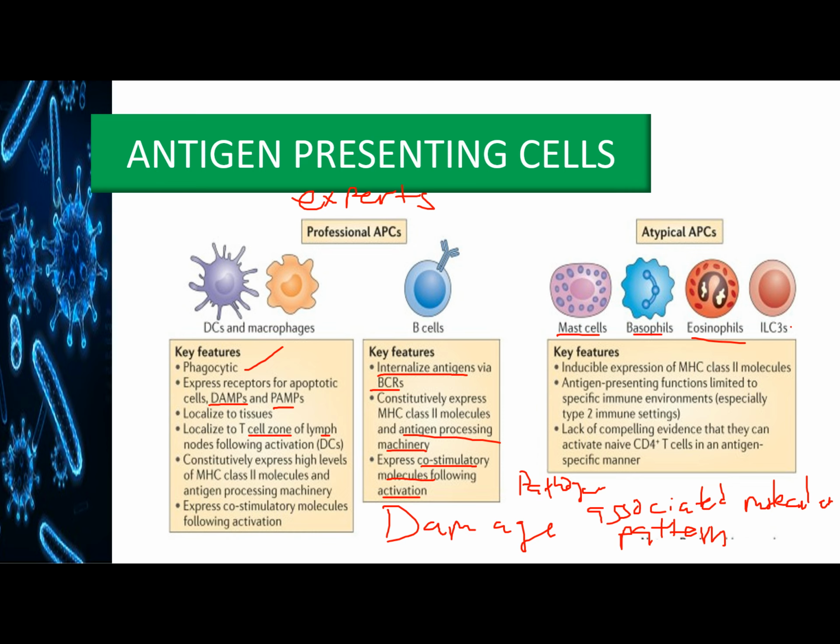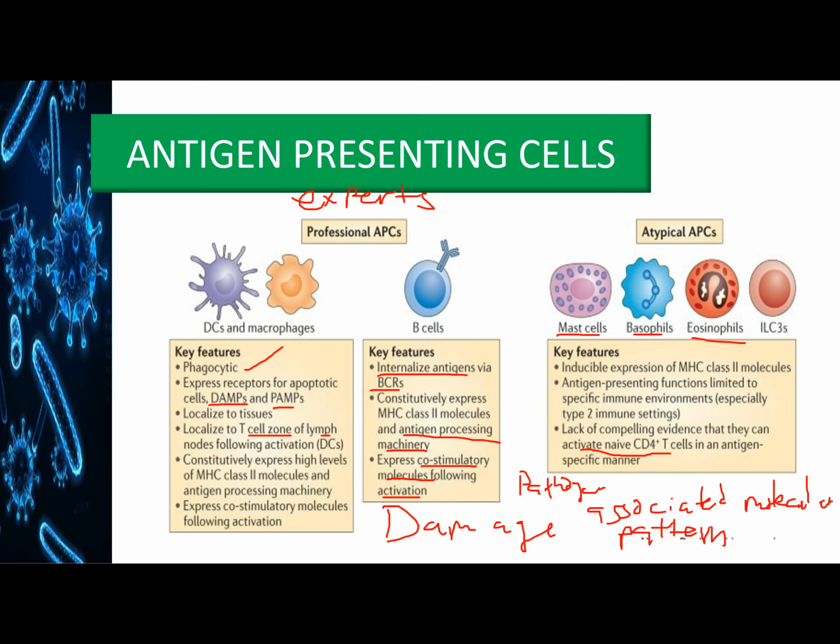Key features, class, would include inducible expression of MHC class 2 molecules, antigen presenting functions limited to specific immune environments, especially type 2 immune settings, and lack of compelling evidence that they can activate naive CD4 positive T cells in an antigen specific manner.